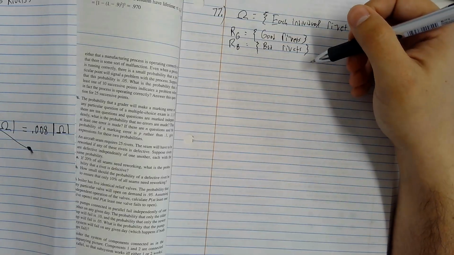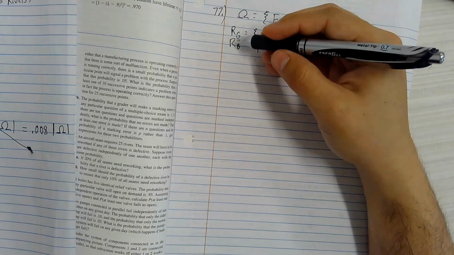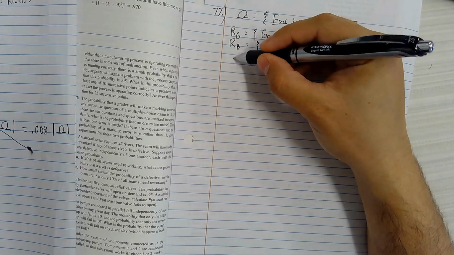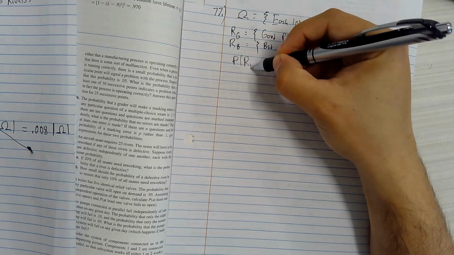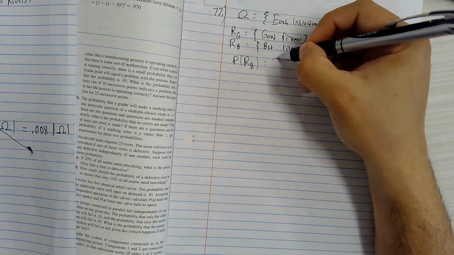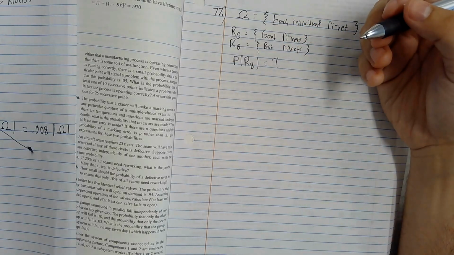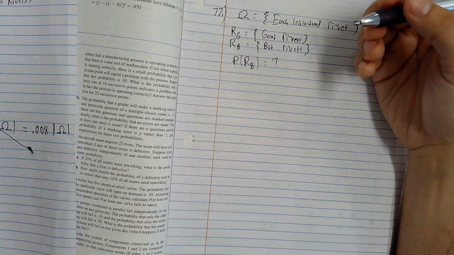Do you think we do that? What we want to know is the probability of RB, the probability that a rivet is defective.